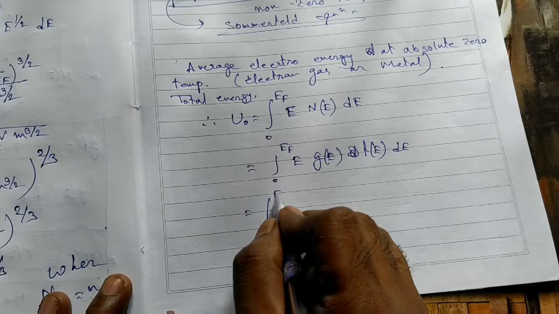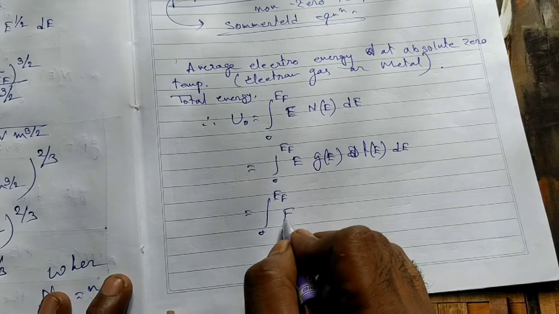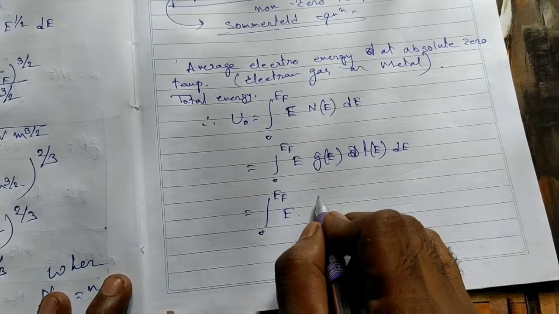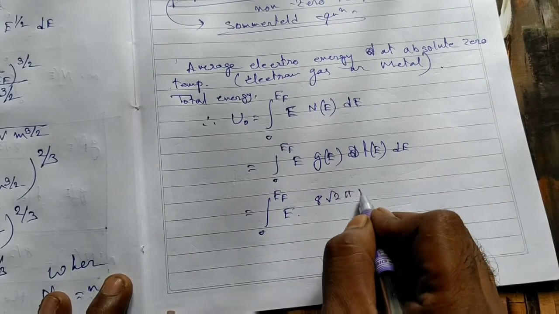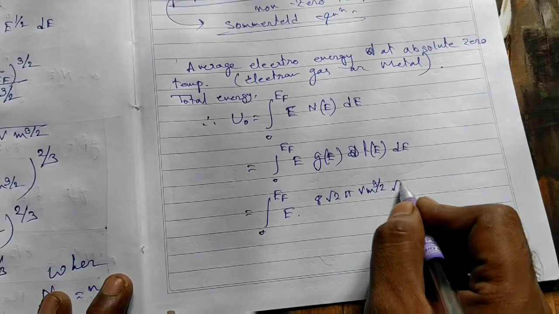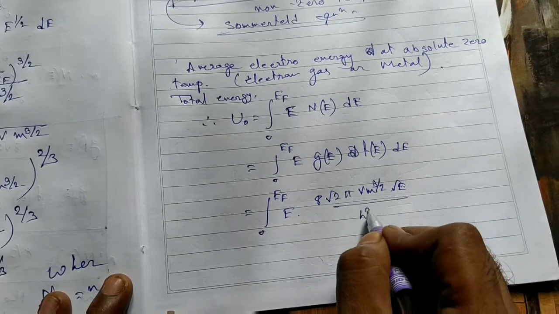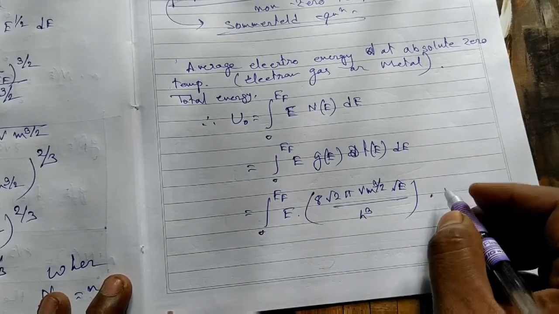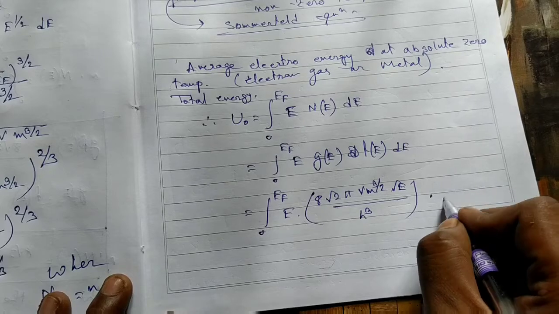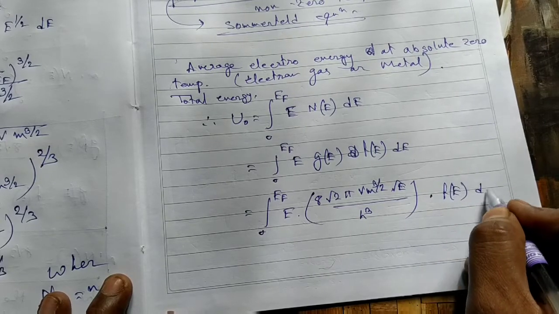Now put the value of the density of states, 8 root 2 pi V m to the power 3 by 2 root E by h cube, and the distribution function f(E) dE.